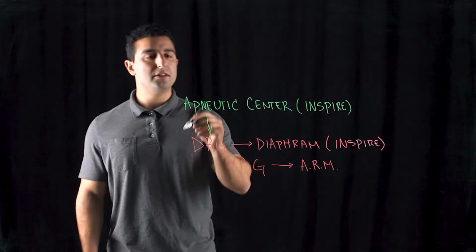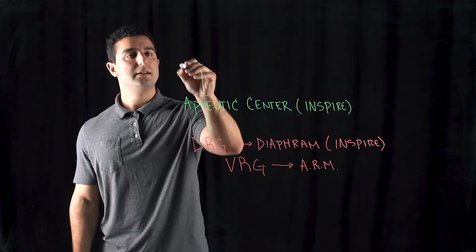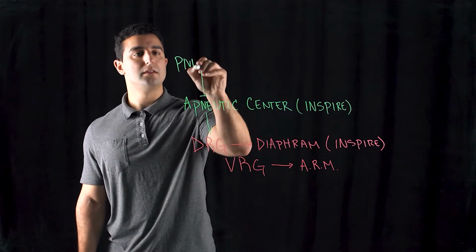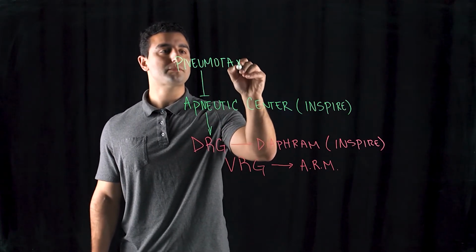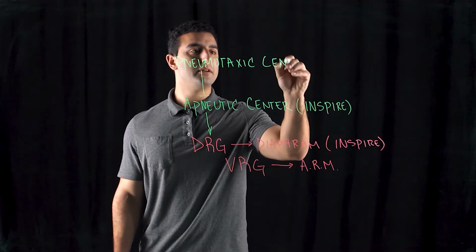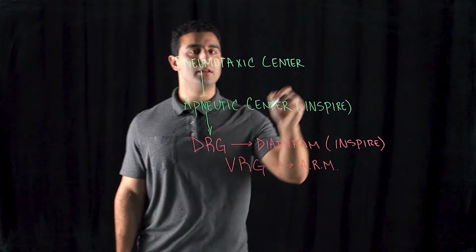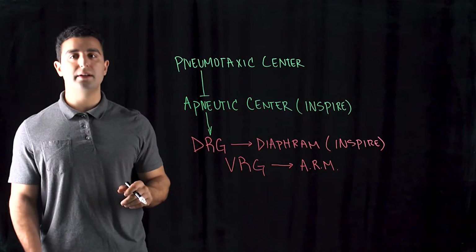Then we have another region here, which serves as an inhibitor of the apneustic center. It's called the pneumotaxic center, an inhibitor of this apneustic center right here.